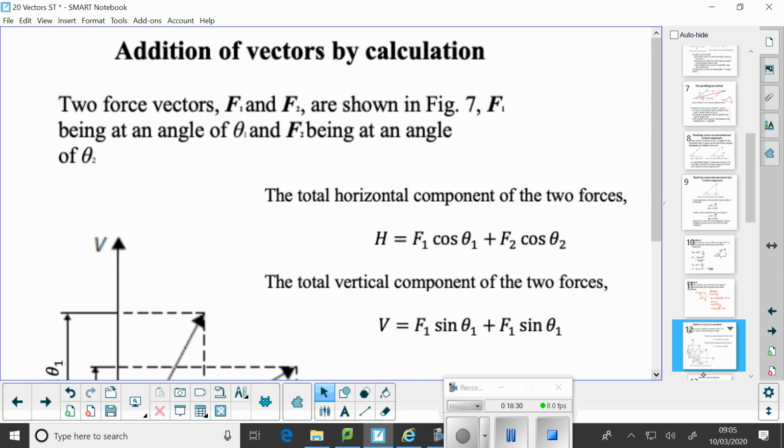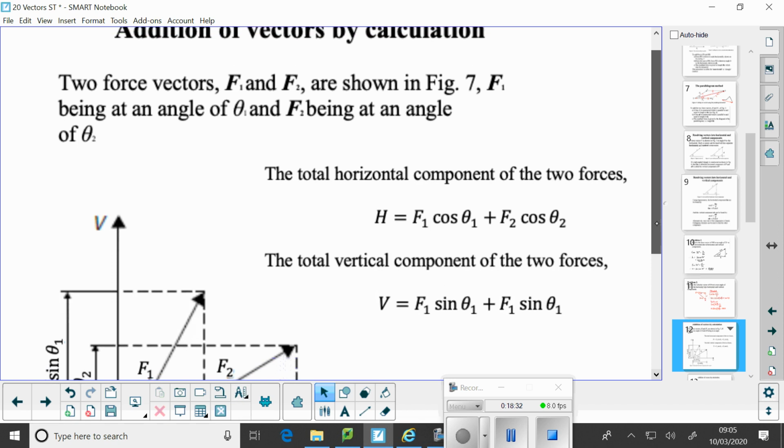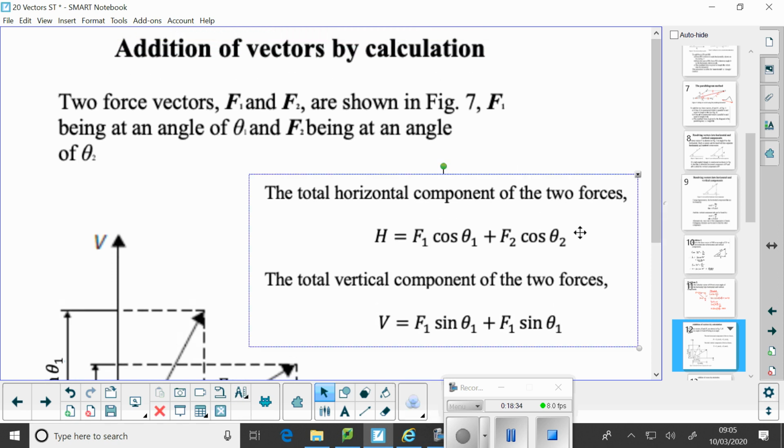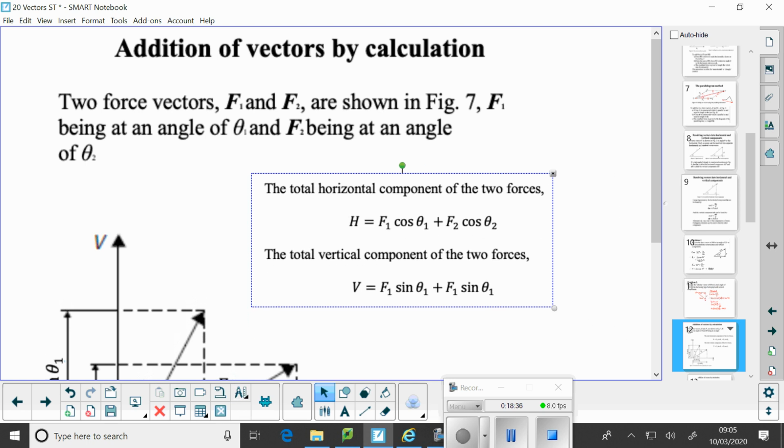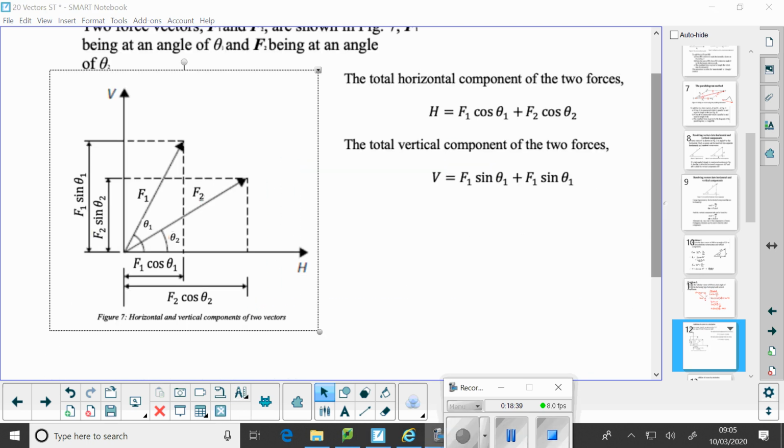So, addition of vectors. We have two vectors F1 and F2 at different angles. We can add them together using the horizontal and vertical components.